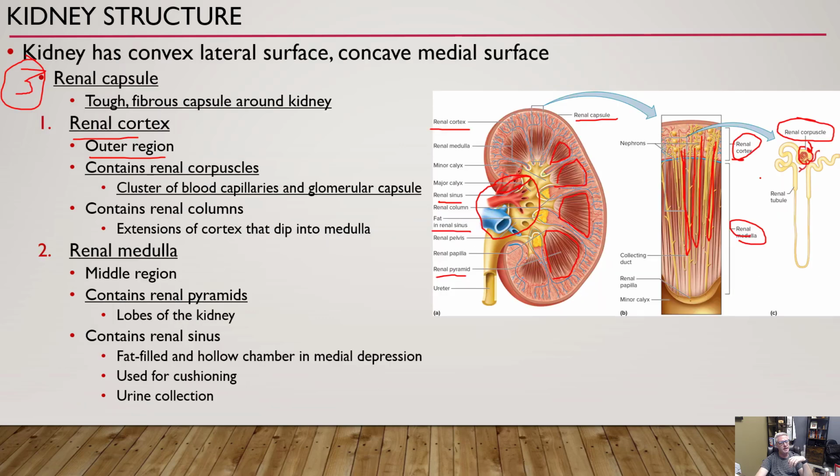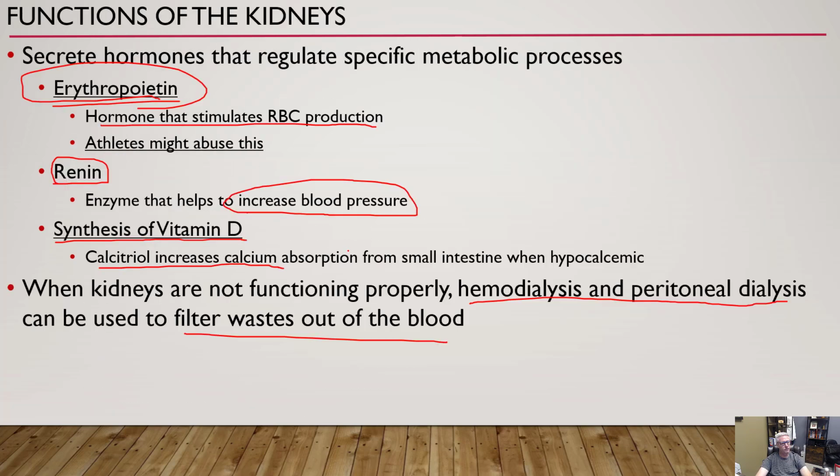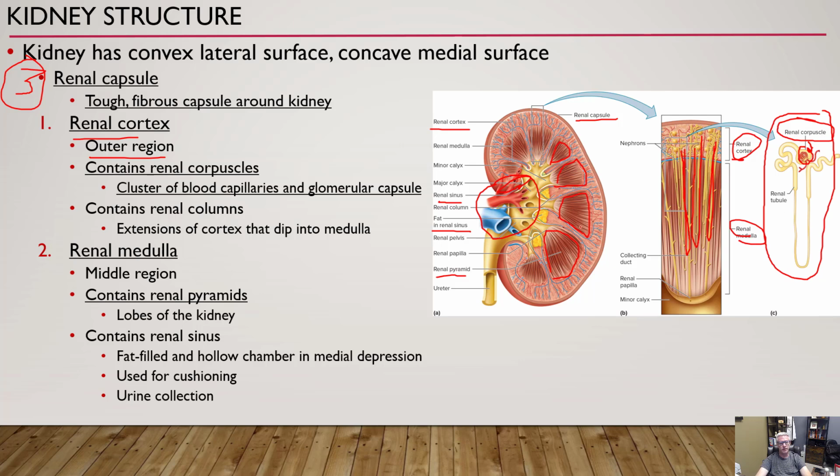So you can see here we have that renal corpuscle, but this is actually a picture of the nephron itself. And we'll talk about the nephron in really great detail, so we're not going to cover it now. But the nephron is the functional unit of the kidney.